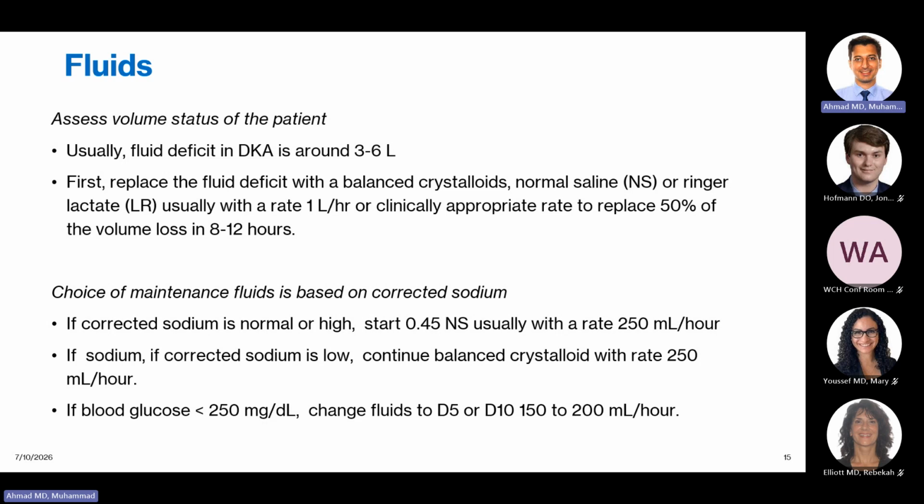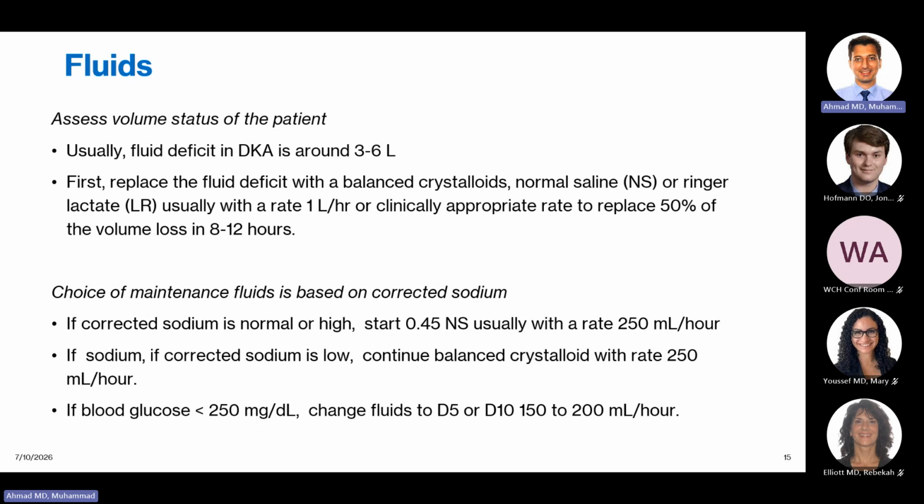When we have the normal sodium, we have to use half normal saline, like 0.45 normal saline, right? And if it is low, less than 135, then we have to use normal saline or LR. And if blood glucose is less than 250, then we have to use D5 or D10 with the rate 150 to 200.